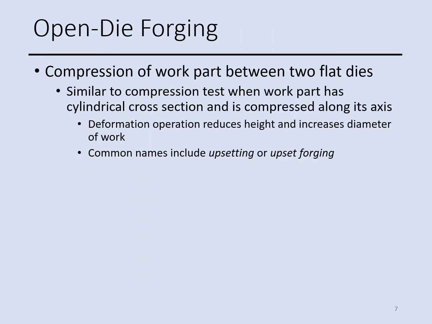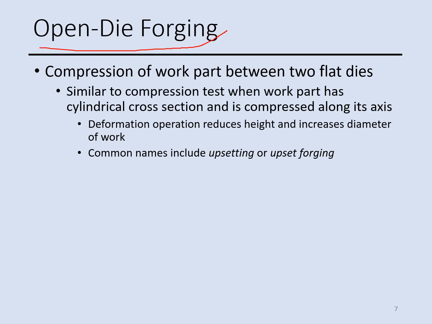Among the three operations that I mentioned in the previous slide, the first one is open die forging operation, where the workpiece is produced by compressing raw material between two flat dies.